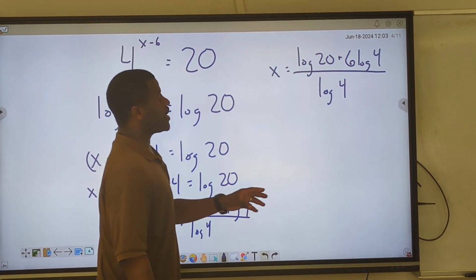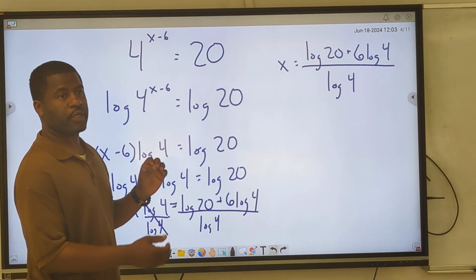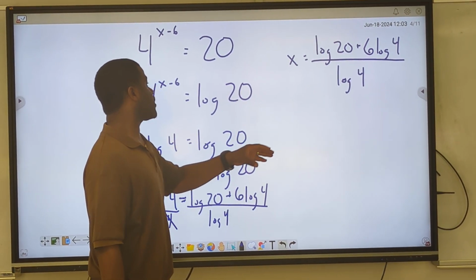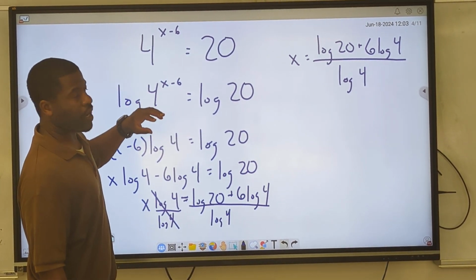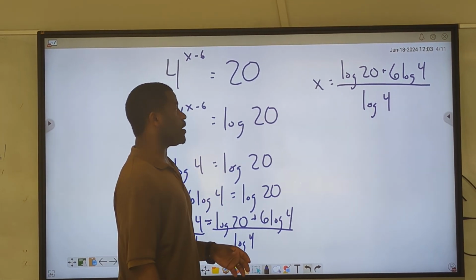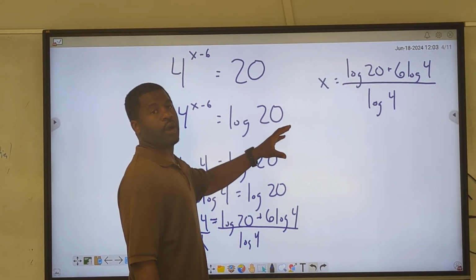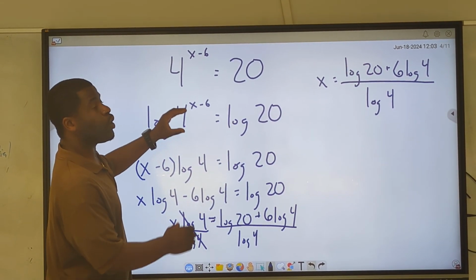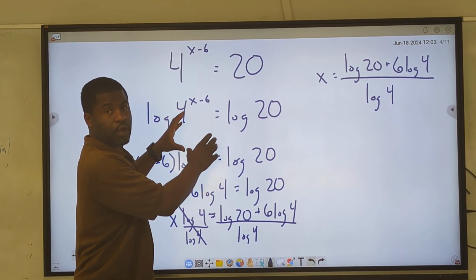Now you can easily check this on a calculator and let the calculator do the calculations and put it back into our equation just to confirm our answer. But this is how we solve an exponential equation when we are unable to get the same base on both sides.